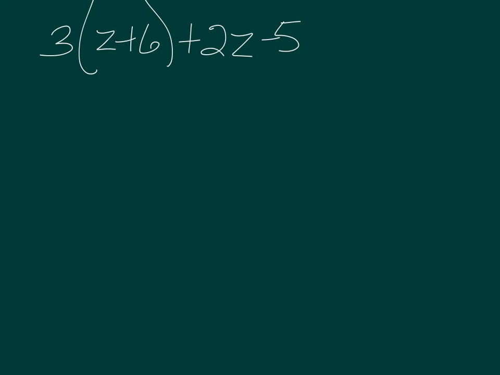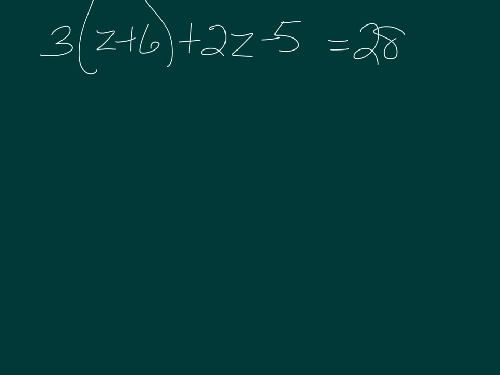Let's use what we've been doing. Sorry, I'm going to erase that and start over. We have 3 times z plus 6 plus 2z minus 5 equals 28.